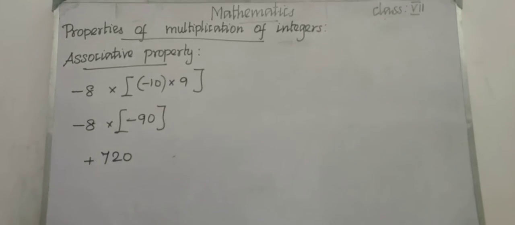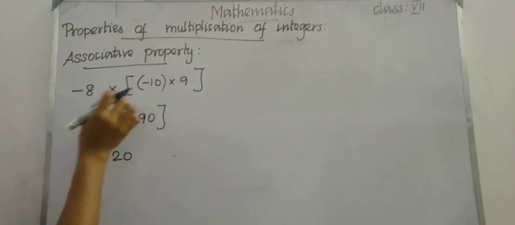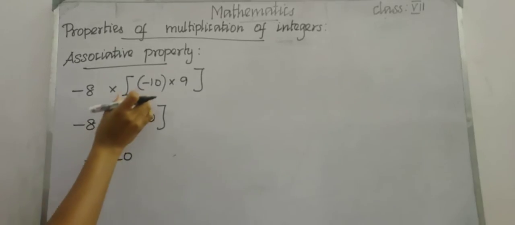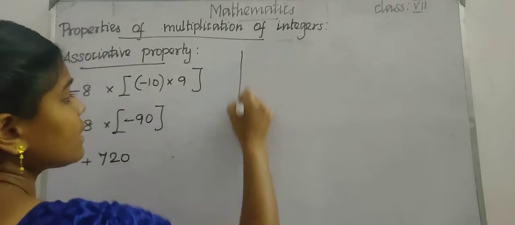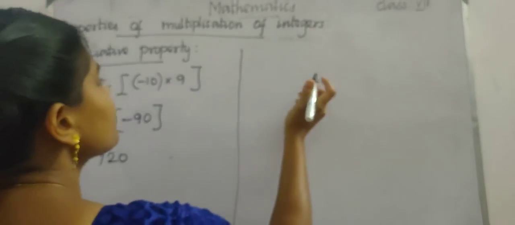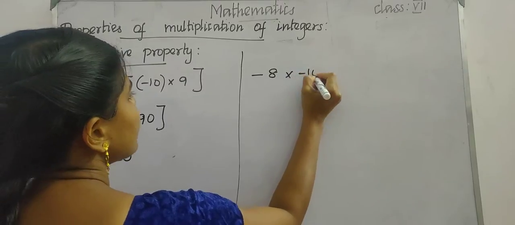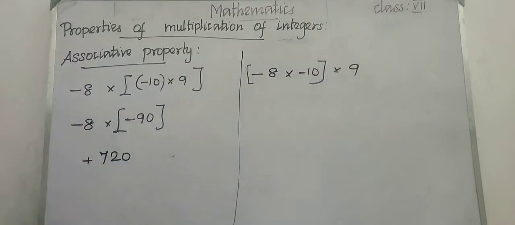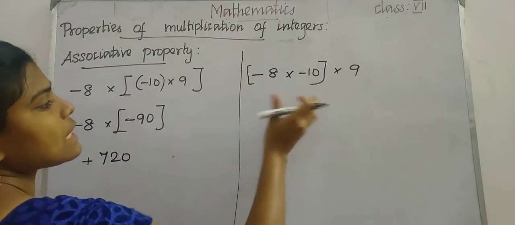Okay children, so here we had grouped minus 10 and 9 in a group, right? We have three integers. So here I just group in a different order: minus 8 into minus 10, same integers, but grouped in some other order.